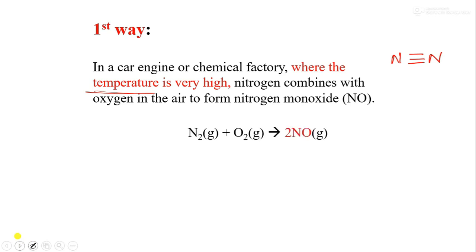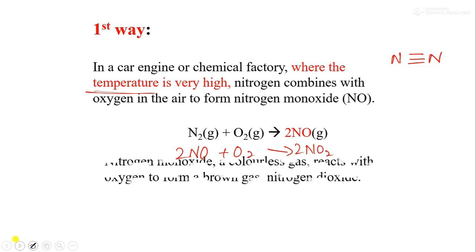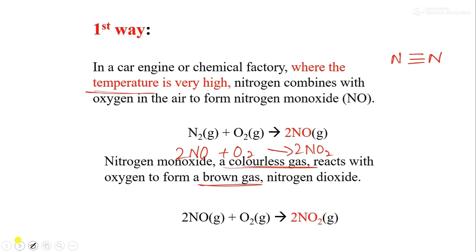This is the equation. Nitrogen dioxide will be produced by the oxidation of nitrogen monoxide. Nitrogen monoxide is a colorless gas. It reacts with oxygen to form a brown gas. Brown is nitrogen dioxide. Here is the equation.